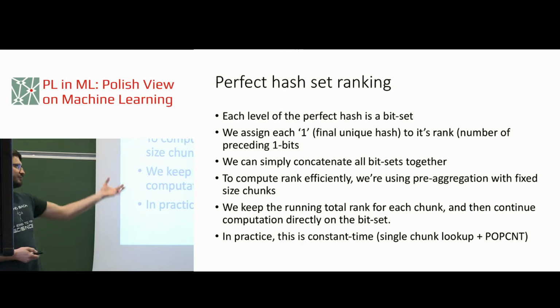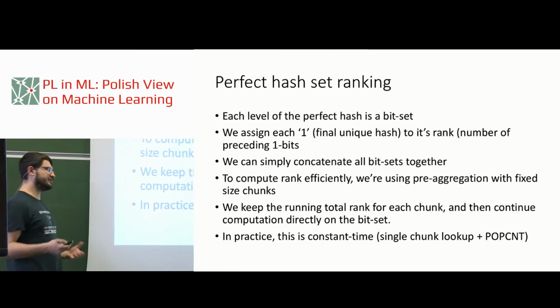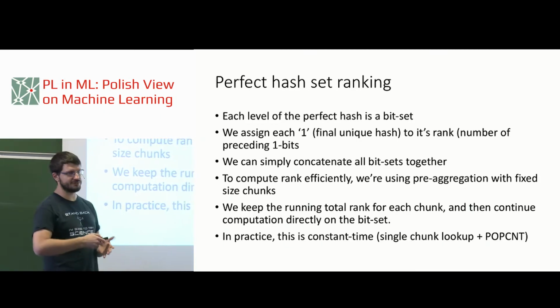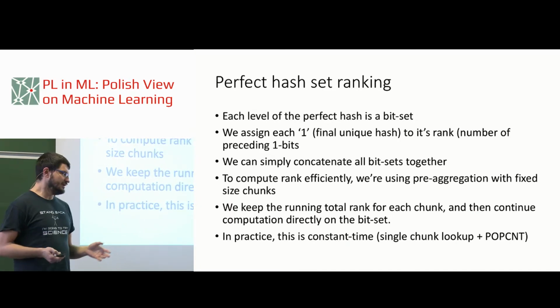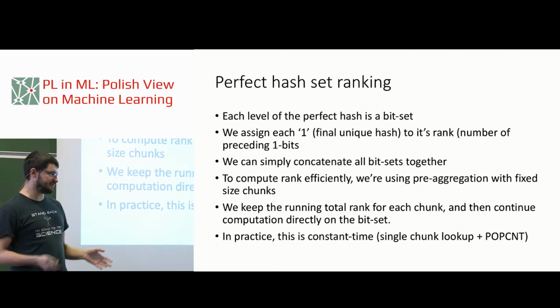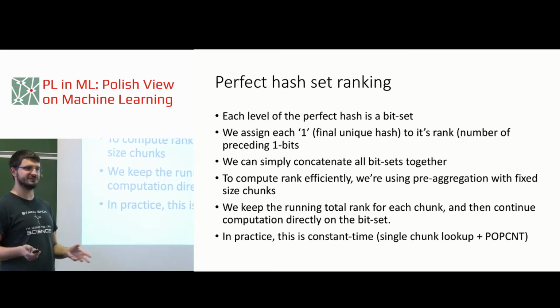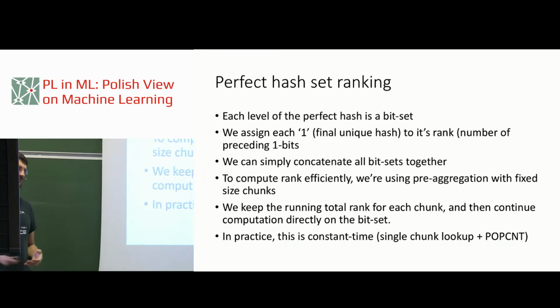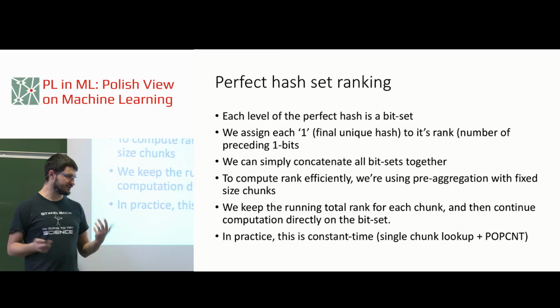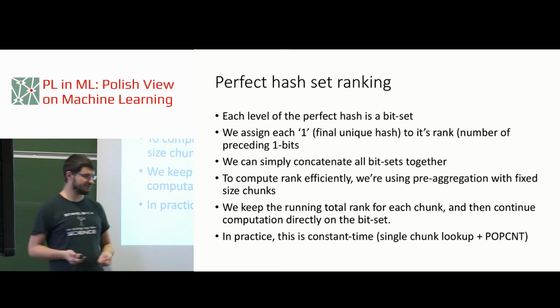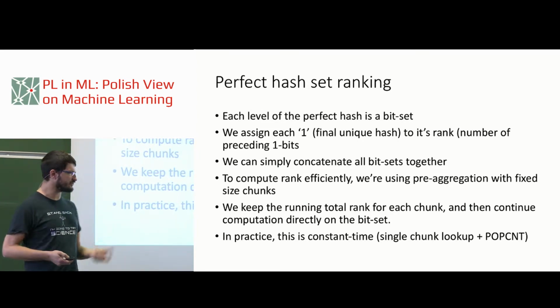You take the closest chunk, and then you still have to count the remaining bits, but realistically, if you do this every, let's say, 128 bits, then you have up to two 64-bit words to process. This means one or two popcount instructions on any modern CPU, so it's essentially constant.